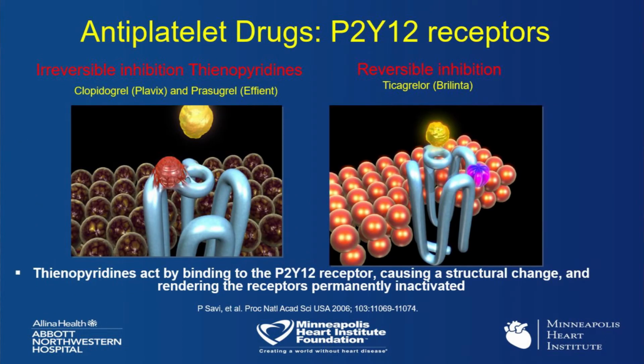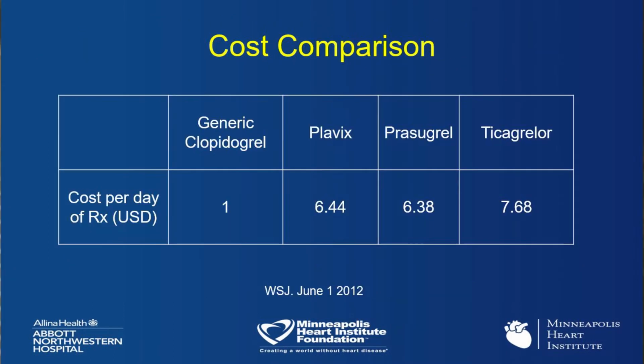And what these drugs do essentially is they block the platelets. The platelets are the cells that essentially come together to form a clot inside the stent, and that's what we don't want. And there are drugs that bind to this receptor in a reversible fashion, or they just block the receptor until that receptor dies.